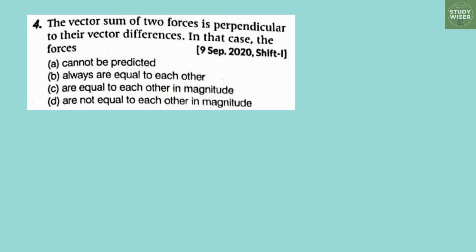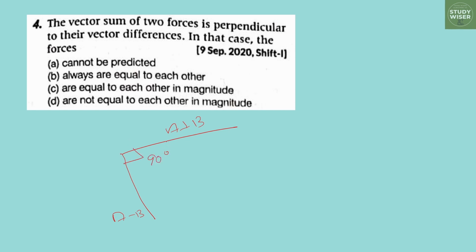Now coming into the fourth question, the vector sum of two forces is perpendicular to their vector differences. If it is A plus B sum, if this is A minus B vector difference, this is 90 degrees.